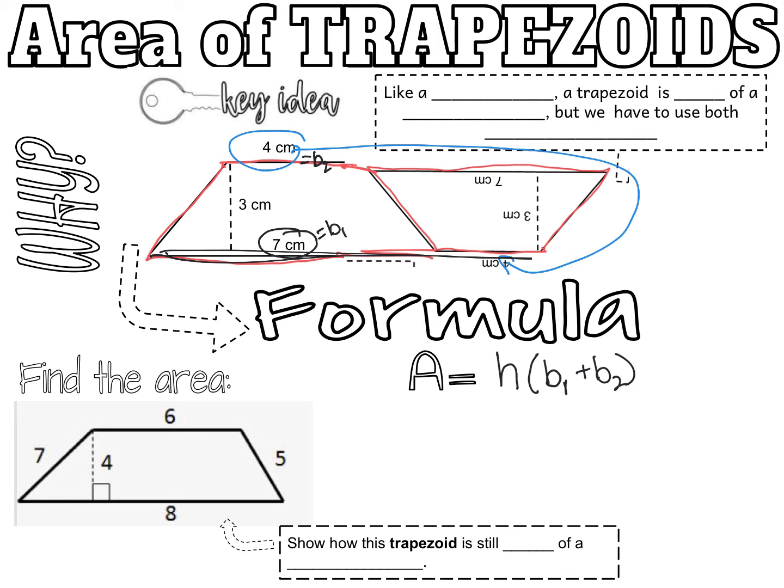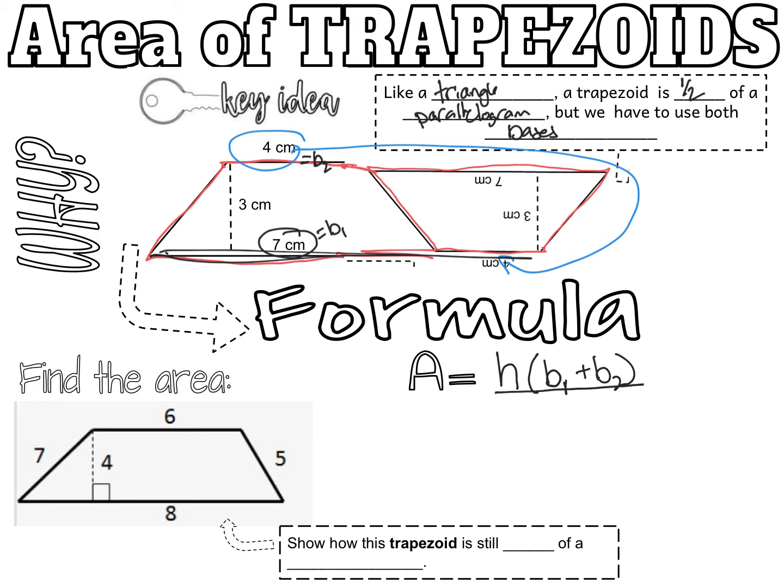But we're not quite done, because like a triangle, a trapezoid is half of a parallelogram. Because remember, we took that original trapezoid and copied it. But this time we have to use both bases.